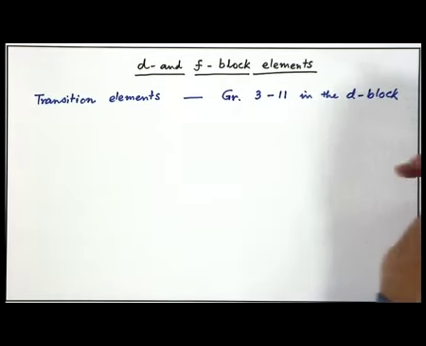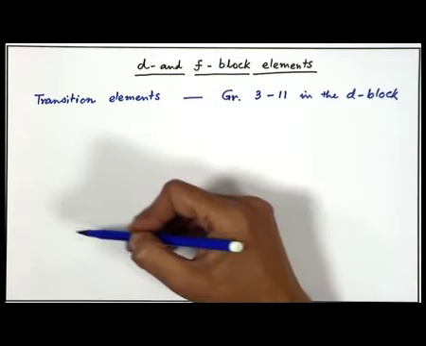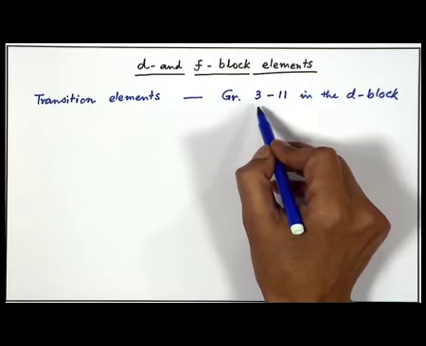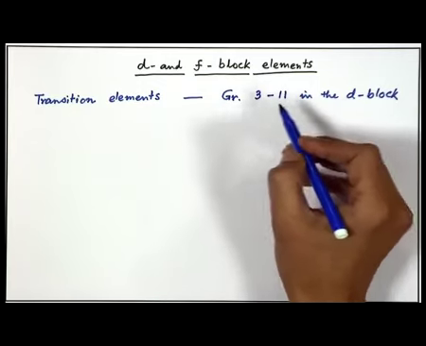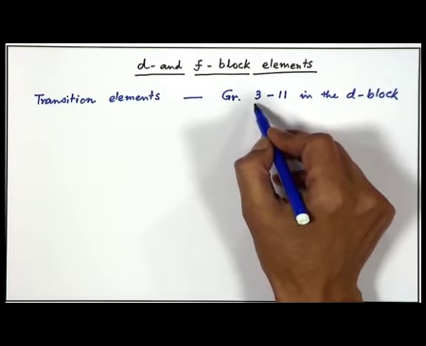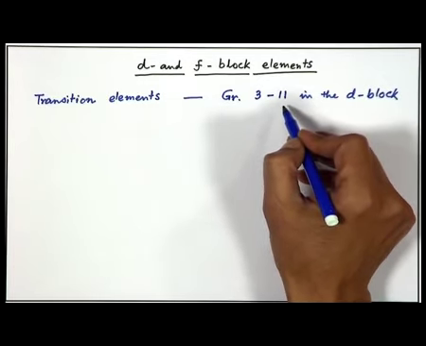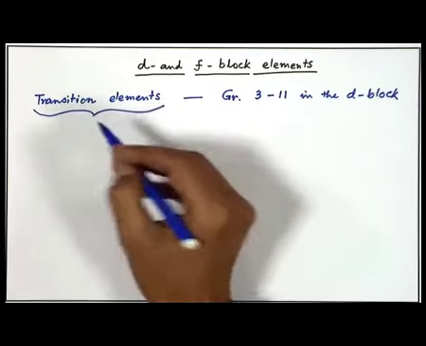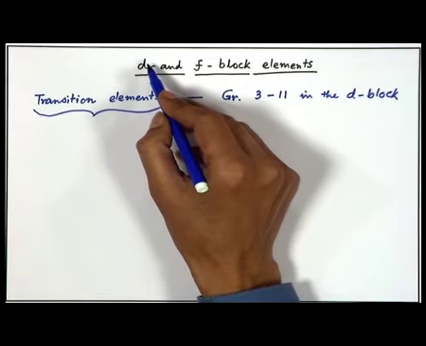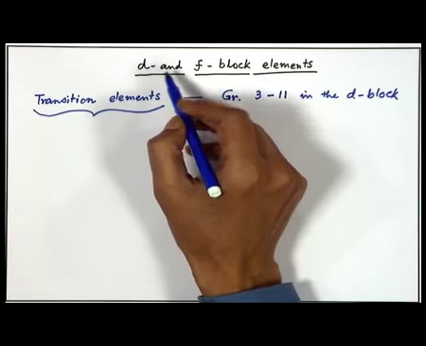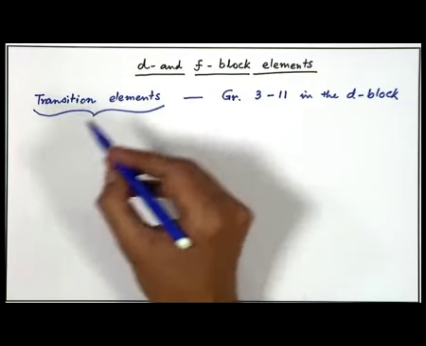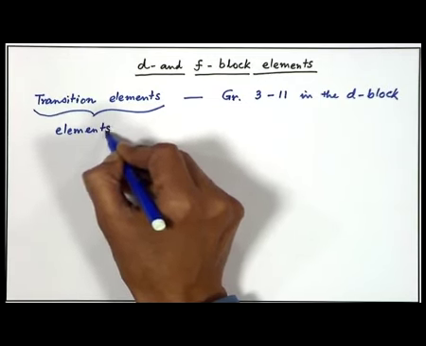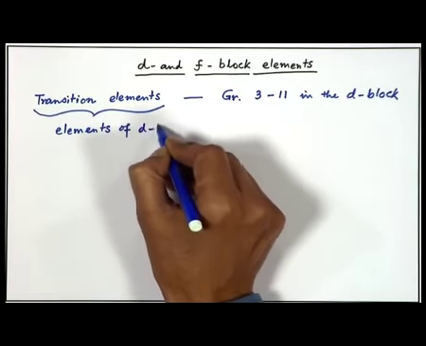We all know that when we start from the left hand side of the periodic table, we find that group 1 and group 2 elements are there, and then group 3 up to group 11 will come. These transition elements are present from the occupancy in the D shell, so we consider them as elements of D block.